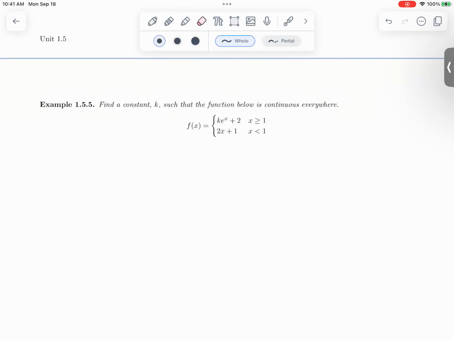Well, we need this function to be continuous. So let's look at each piece, right? Step 1. On each piece, we have continuous functions.